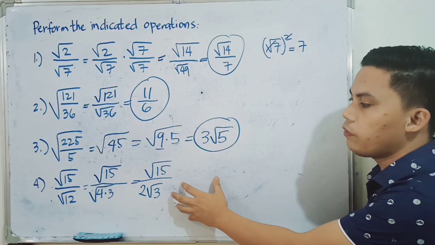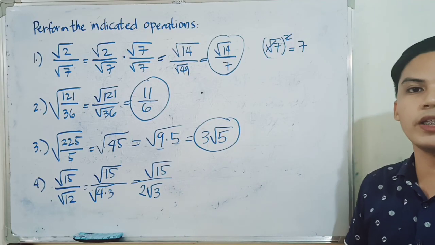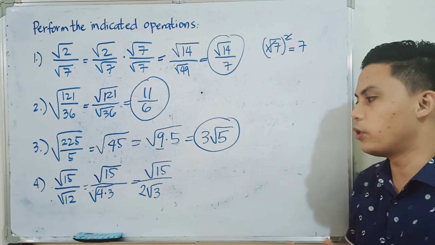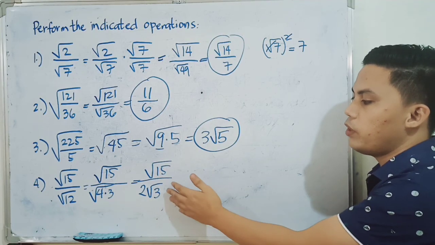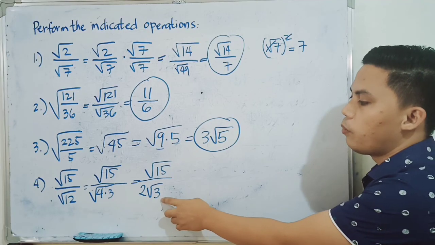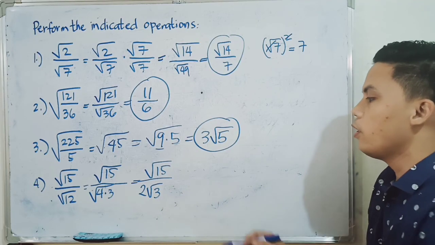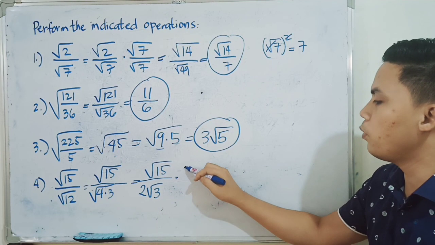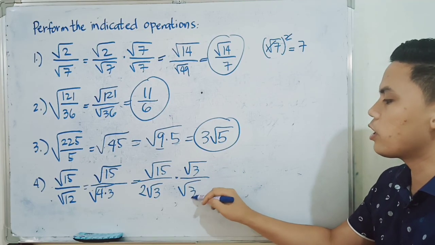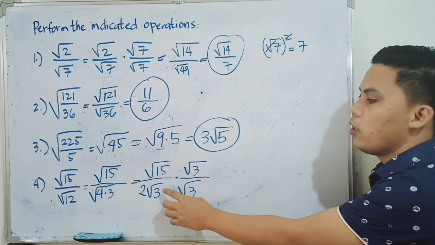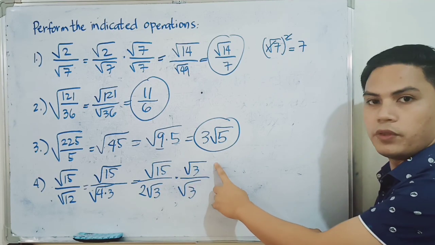However, this is not yet the final answer kasi nga, gusto natin na walang radical expression na makikita sa denominator. So if this is the case, we make sure na walang radical expression sa baba. So, i-multiply natin both the numerator and the denominator by the radical expression na nasa denominator. So, square root of 15 times square root of 3.